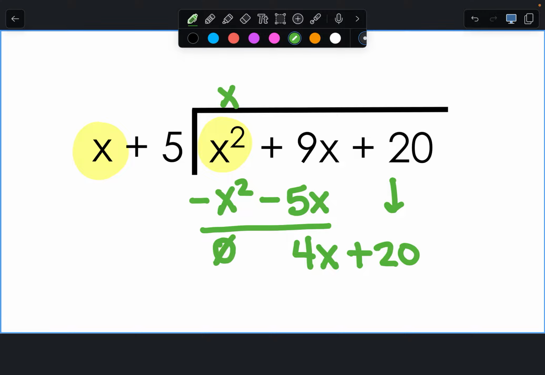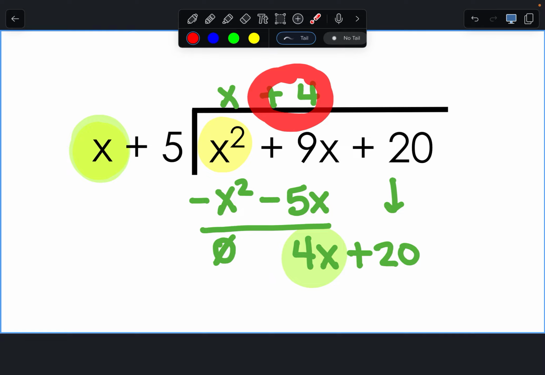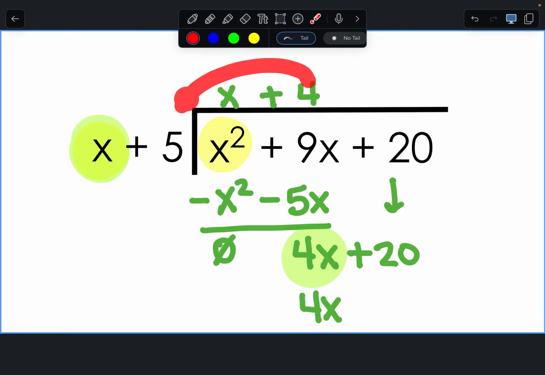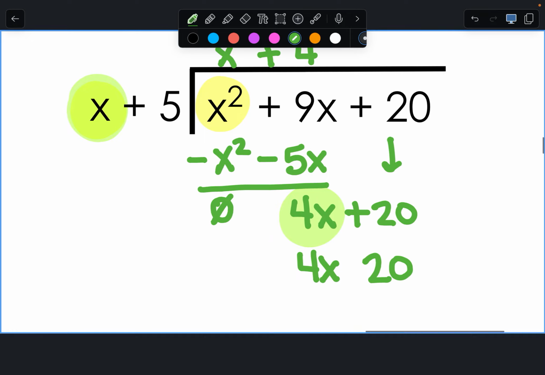Here we go. Now, x times what gives you 4x? Okay. Now we're distributing the 4. 4 times x is 4x. And then 4 times 5? 20. But write the opposite.